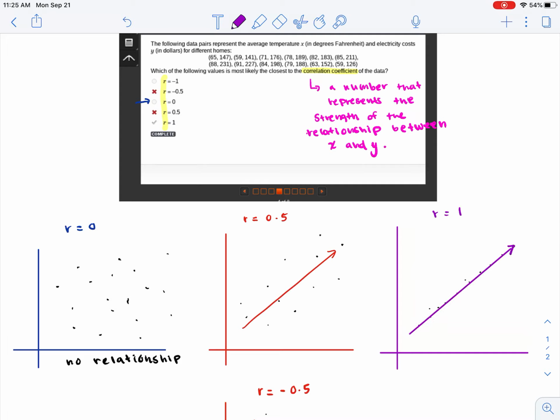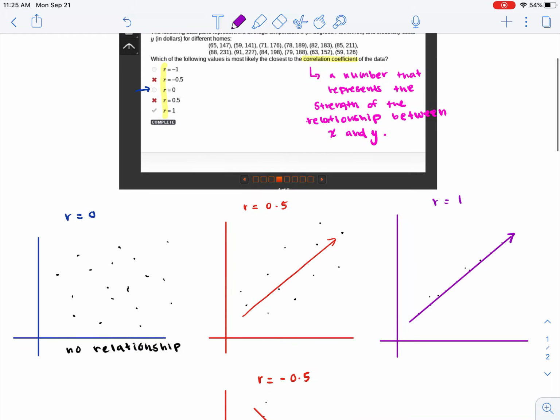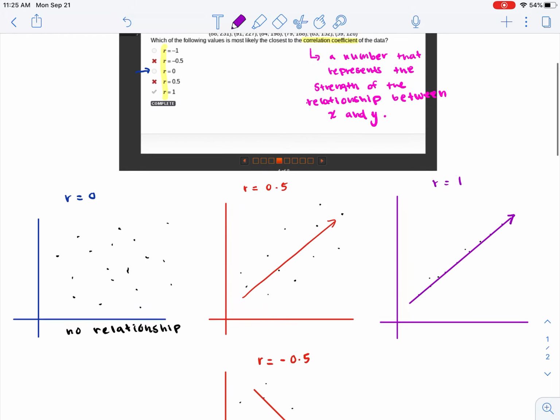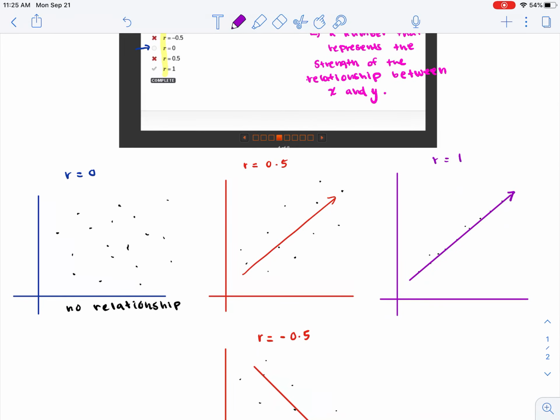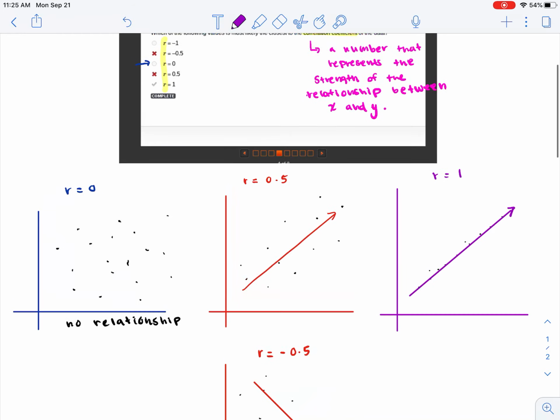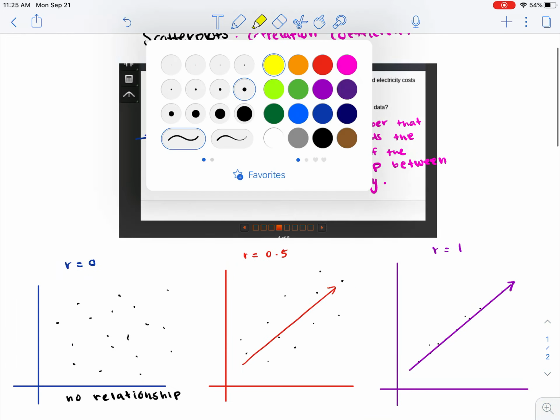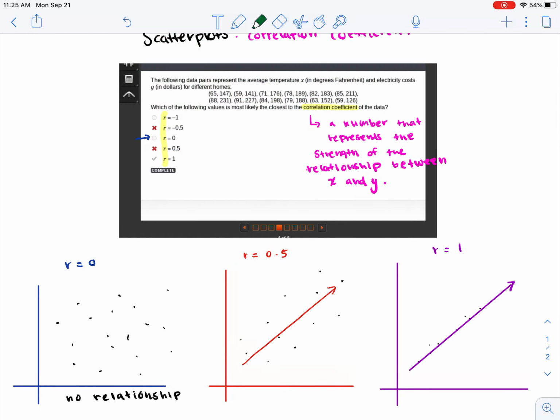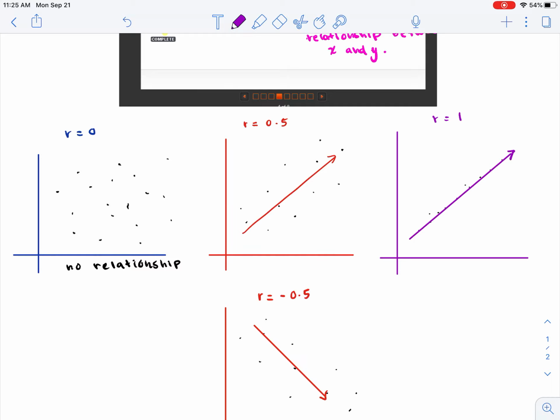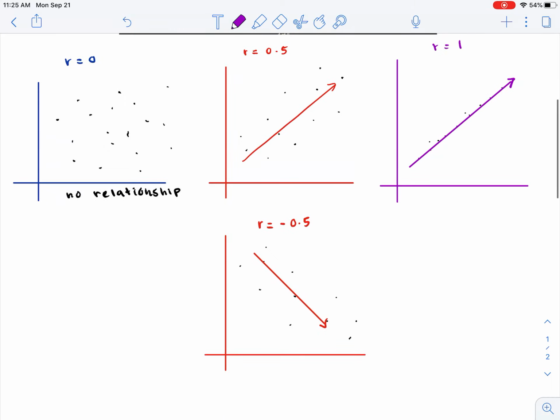You'll notice it's increasing because it's positive. If r is 1, it's actually a straight line, but just for the sake of a realistic example, you'll notice here our question says most likely. So if it's near 1, it will be very, very close to a straight line.